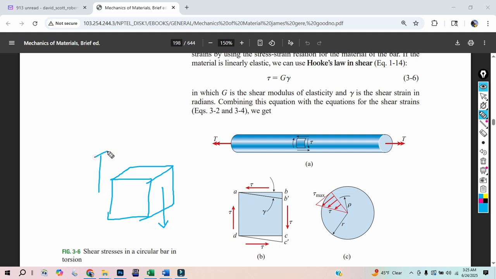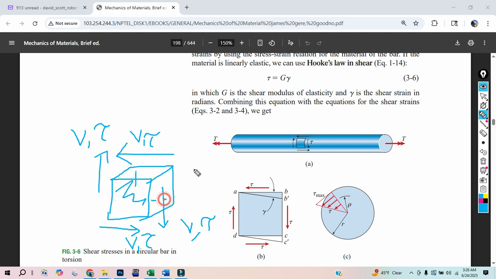You can either put a shear force or this letter tau, depending on whether you're doing a free body diagram or a shear diagram. Cool. And then if you do that, it has to have a complementary, moment-balancing shear or tau. Okay, but a cube has 6 faces. So is anything going on this face or that back face over there?